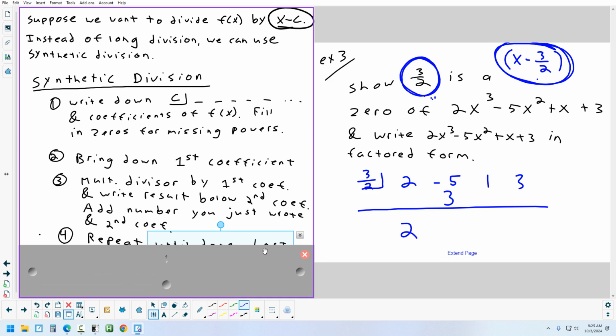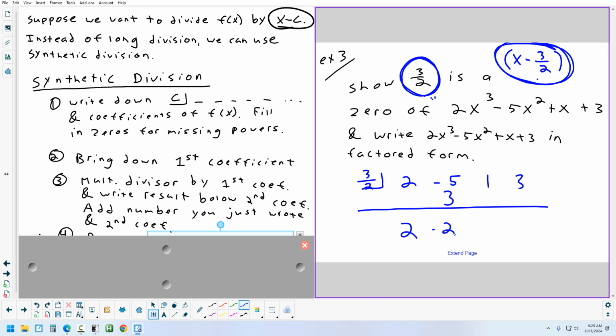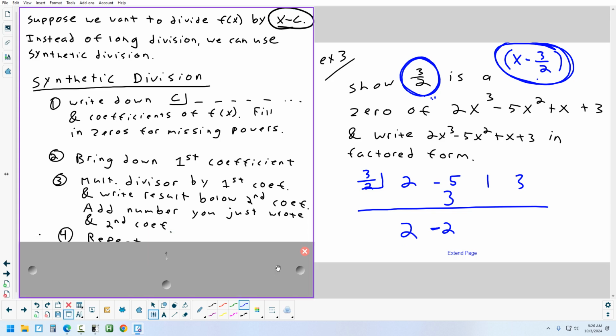You're going to add the number that we just wrote down and the one that's above it. What's negative 5 plus 3? Negative 2. So today, add those columns up. And now we keep repeating that until we're done.